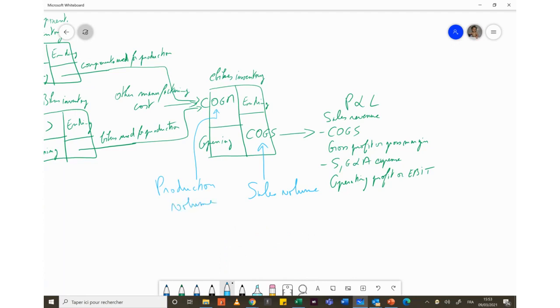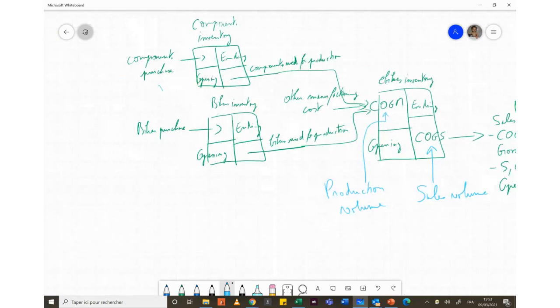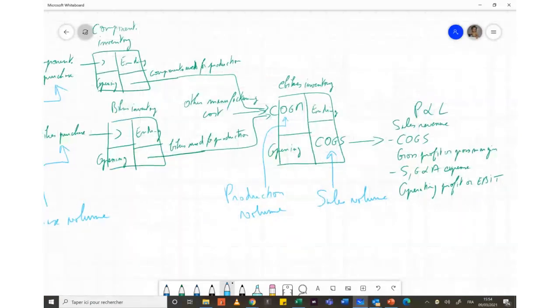And the components purchase and the bags purchase is the purchase volume. So with the indirect method, I need to start from the sales volume because I want to start from the P&L, and I need to come back to the purchase volume.